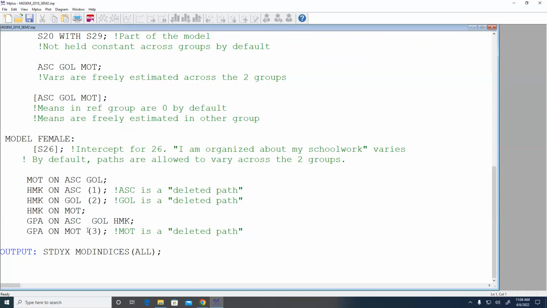Does that make sense? So here I'm constraining all 3 parameters to be equal. Now I run the model, and let's go to page 11. Thank you. Page 11. So in page 11, model number 2, I've constrained those conceptually deleted paths to be equal by chi-square.